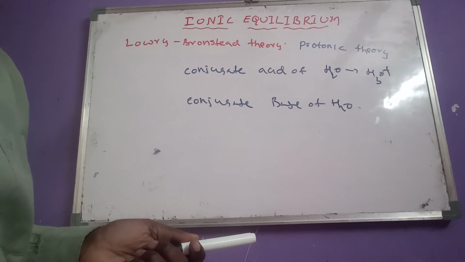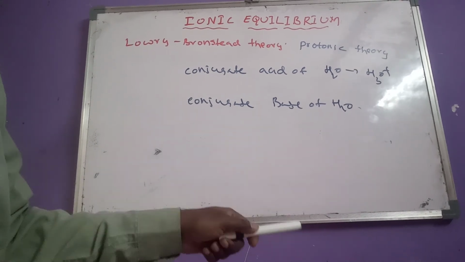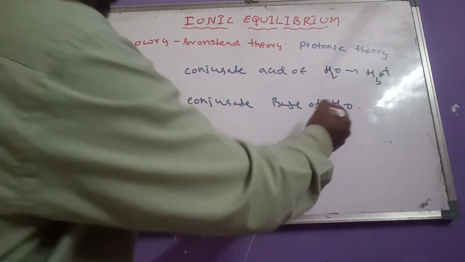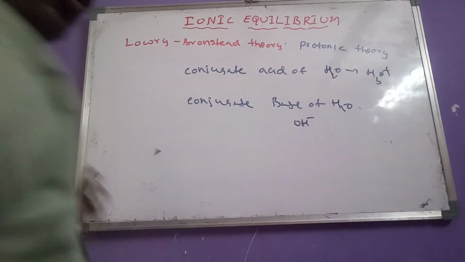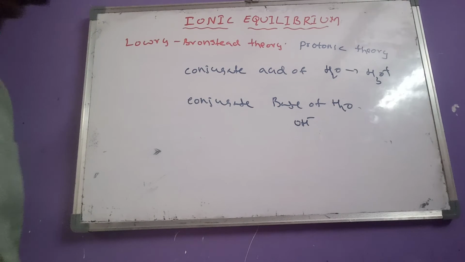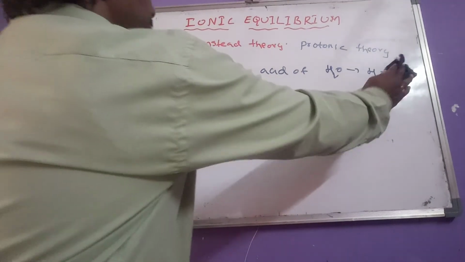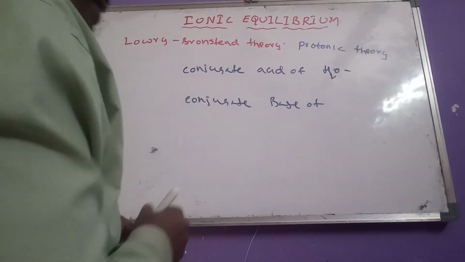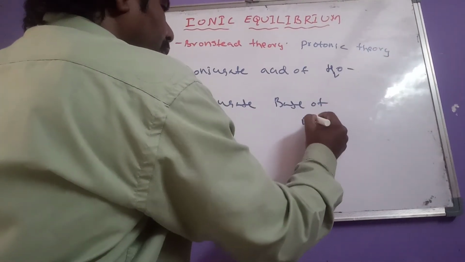What is the conjugate base of H2O means it should act as acid. It should act as acid means it has to donate one proton. By donating one proton, we get which one? OH minus ion.